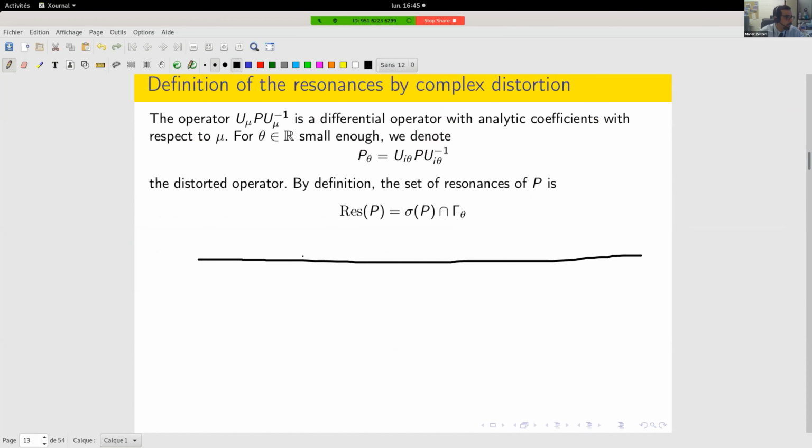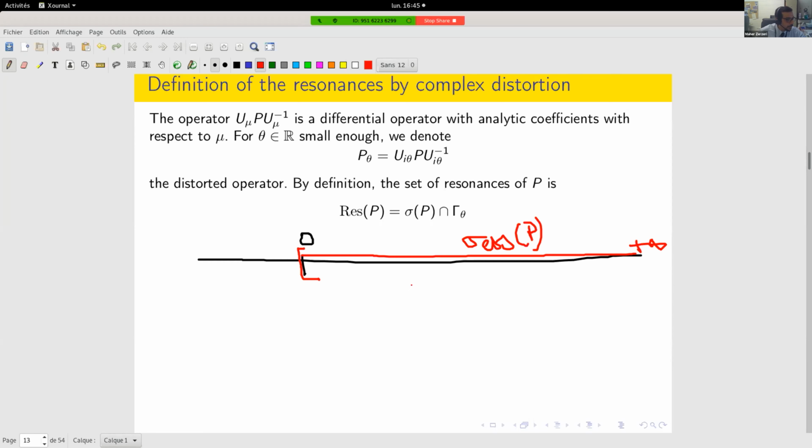Here, 0, if you remember, you have the essential spectrum of P, sigma essential of P. And now after a distortion, we have P theta, and we want to understand what the spectrum of P theta is.